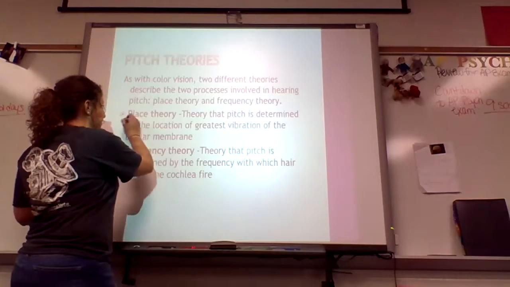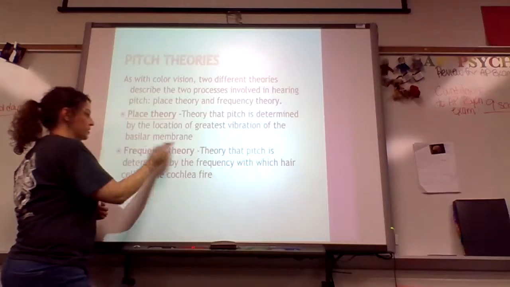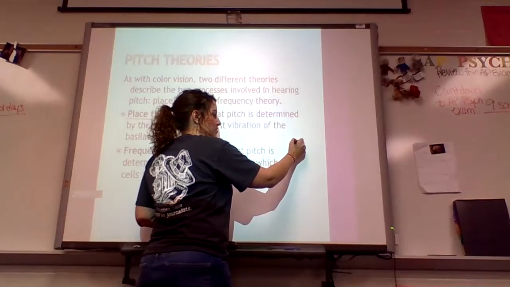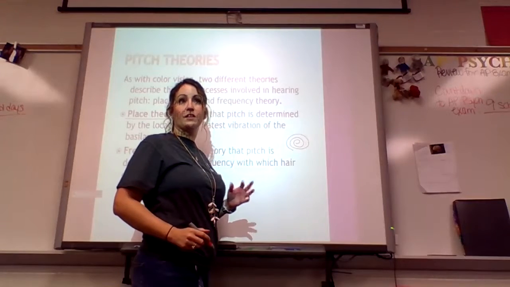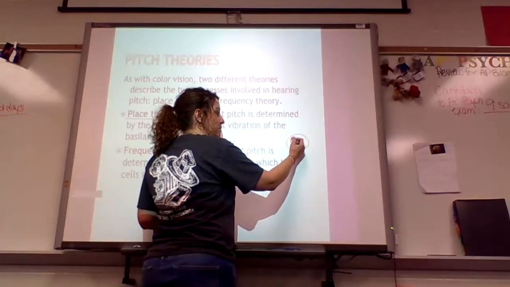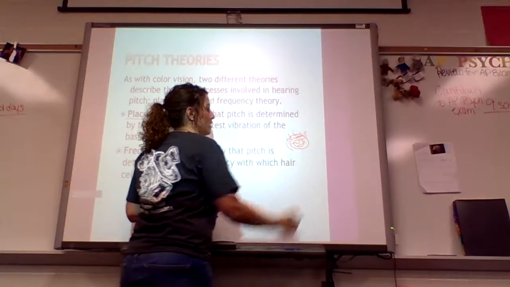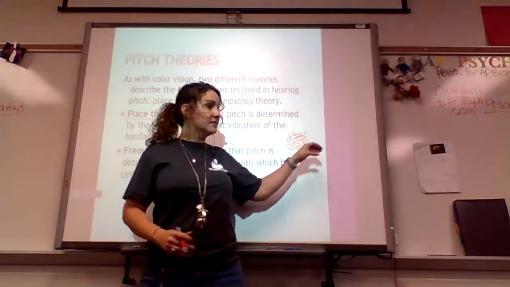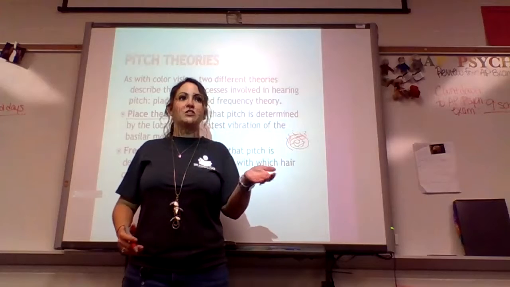The place theory says, so here is, there's that term again, basilar membrane. From what I can understand, there's a snail-shaped thing called the cochlea. It's got little hairs on it, and there's a membrane as well. The place theory is basically saying that there are different places on this basilar membrane that hear certain pitches.